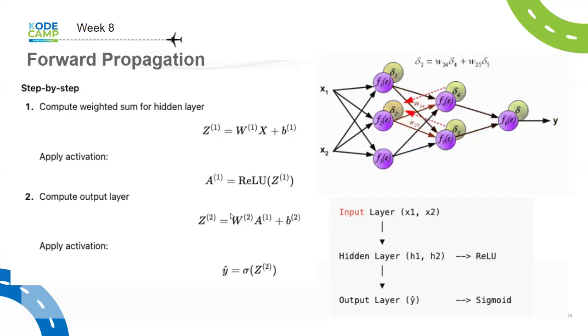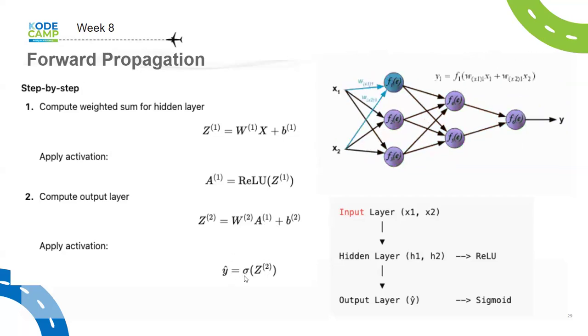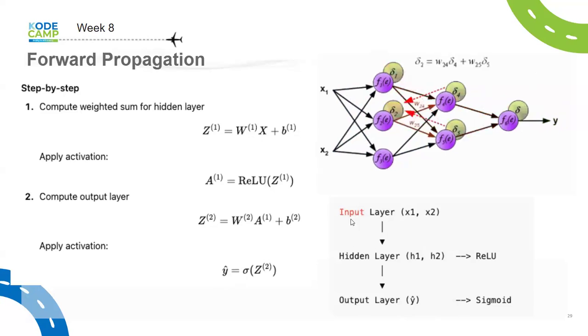So you have Z2, which is W2 times A plus B2, the bias of layer two, the output layer. You get Z2, the intermediate value. That Z2, you now pass through a sigmoid, which is this symbol here, and you get the Y hat. So remember, the output layer is sigmoid. That gives you the Y hat. And the sigmoid is used for single class binary classification, effectively.